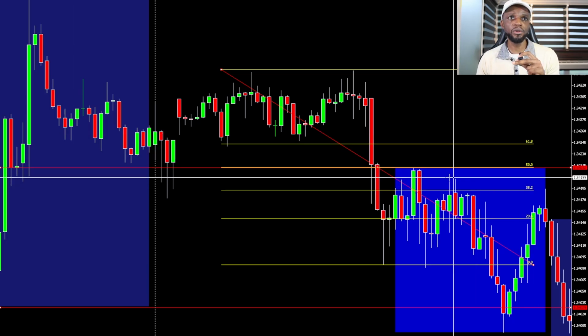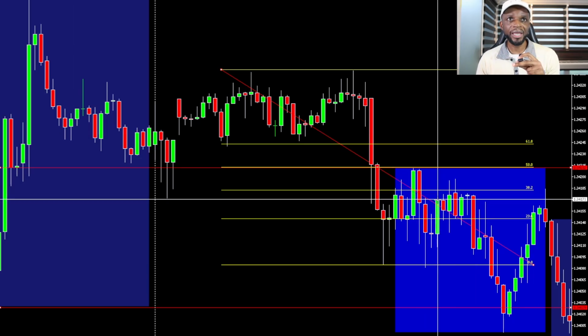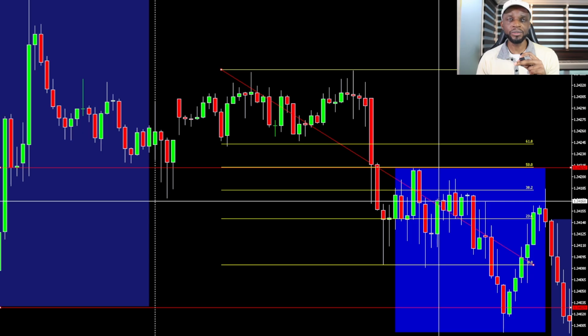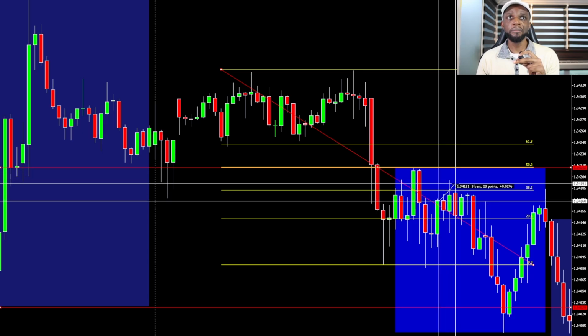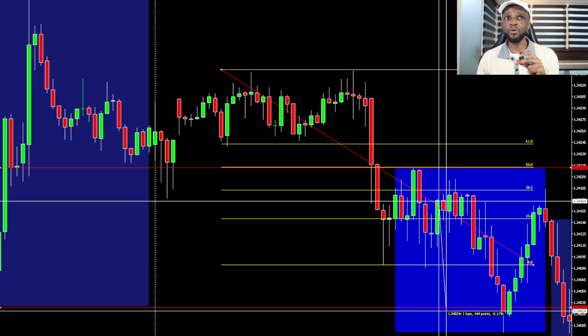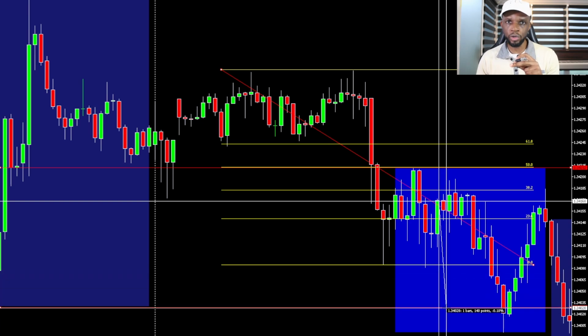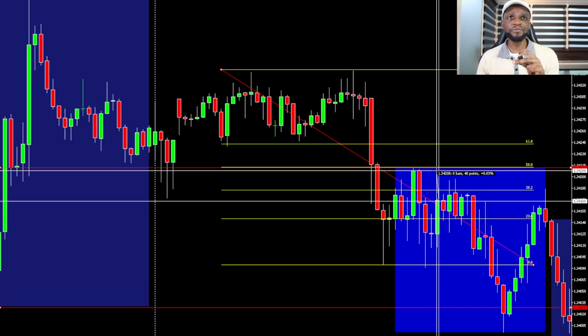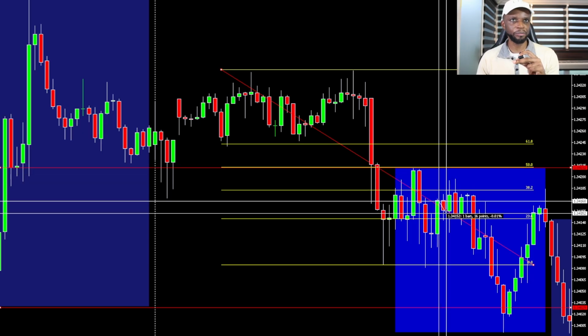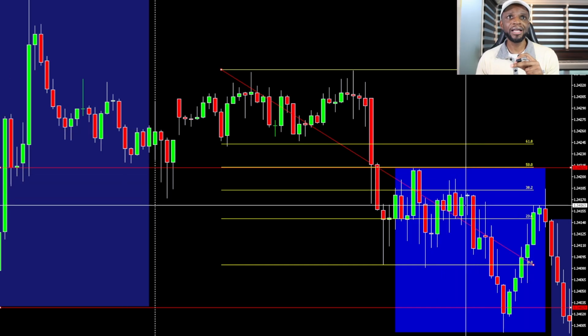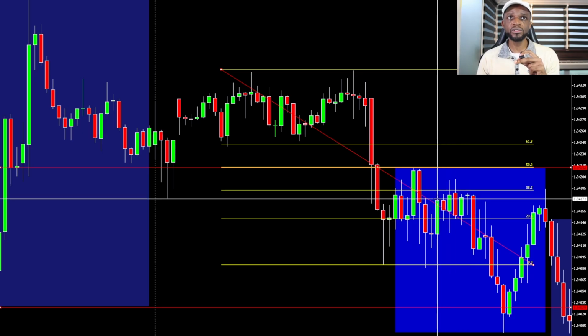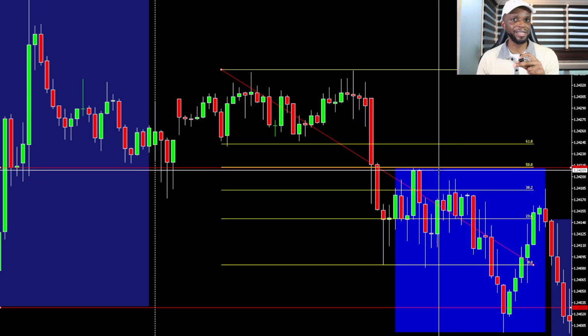But if you look at this, if we entered on this bar, where would have been our take profit? It would have been here. But our stop loss would have been all the way down there. Now, you know that I don't have a problem with negative reward to risk. However, when it is very skewed like this, then there is a problem, especially when price has already closed close to what's going to be my take profit.